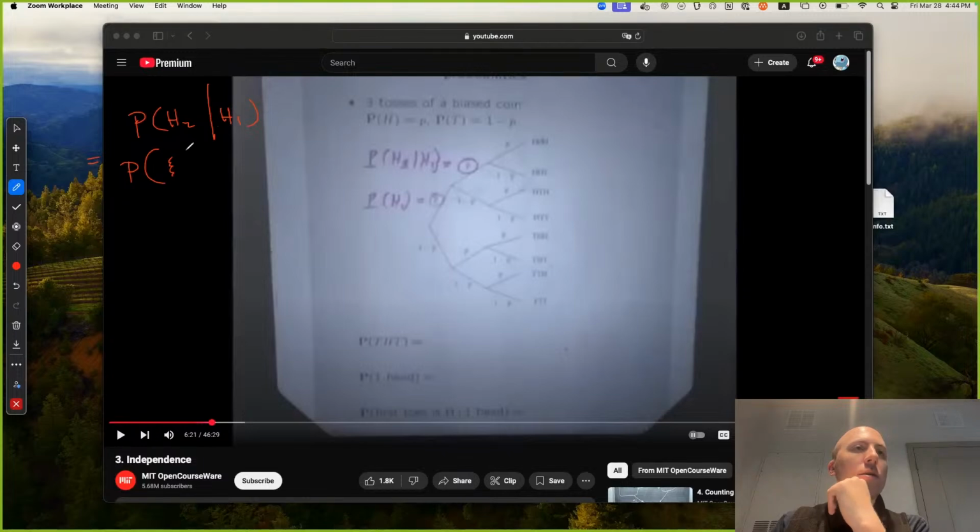It's a set of outcomes where the second one is heads: heads, heads, heads; heads, heads, tails; tails, heads, heads; tails, heads, tails. Given that the first one is heads: heads, heads, heads; heads, heads, tails; heads, tails, heads; heads, tails, tails.